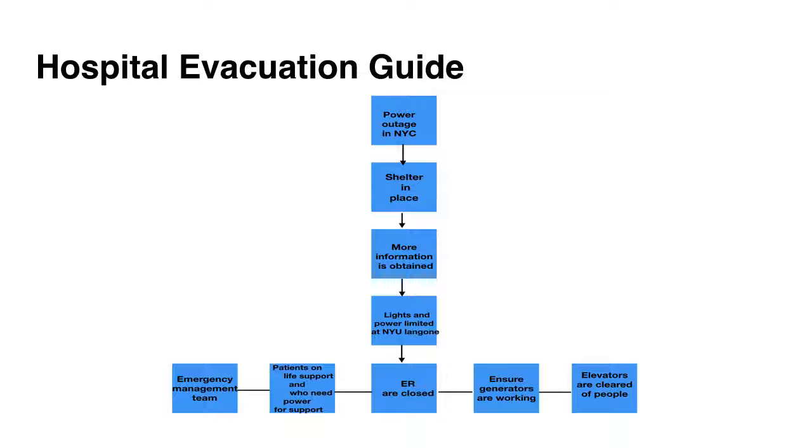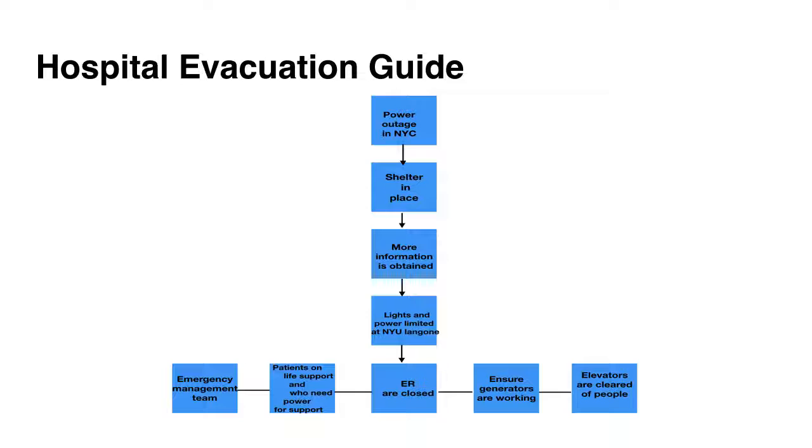Moving forward, this is the hospital evacuation guide for NYU Langone Hospital in terms of when there is a power outage in New York City. It is advisable to take shelter in place. More information is obtained, and because of the power outage, the lights and power are limited at NYU Langone.